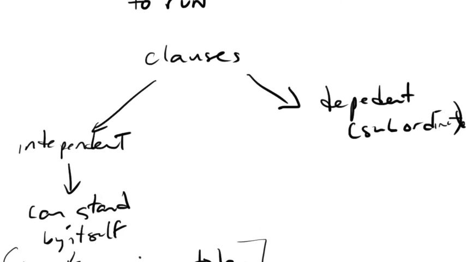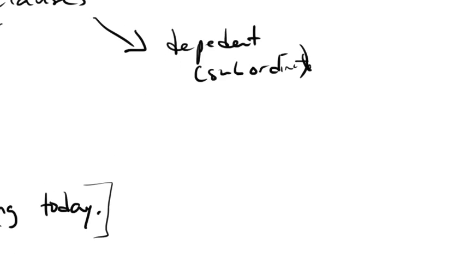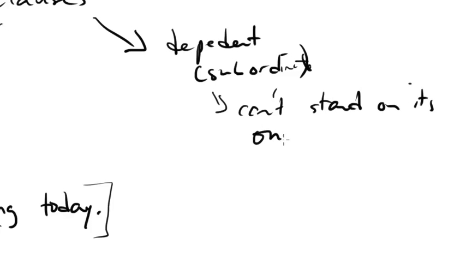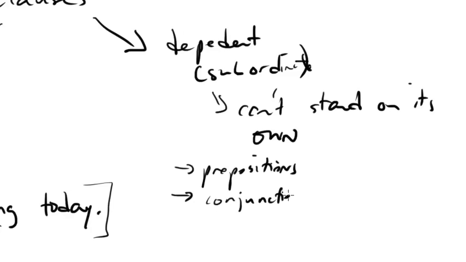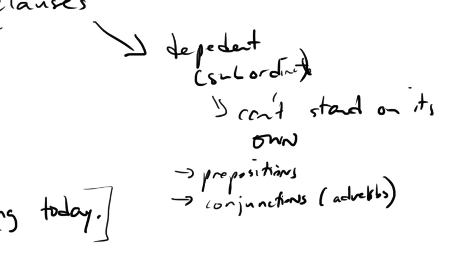What is a dependent or subordinate clause? Well, as you might tell from the language, a dependent or subordinate clause can't stand on its own. It needs something else to complete the thought. Usually these are introduced with prepositions or conjunctions or adverbs, any kind of word that introduces the sentence but does not allow it to complete the thought.